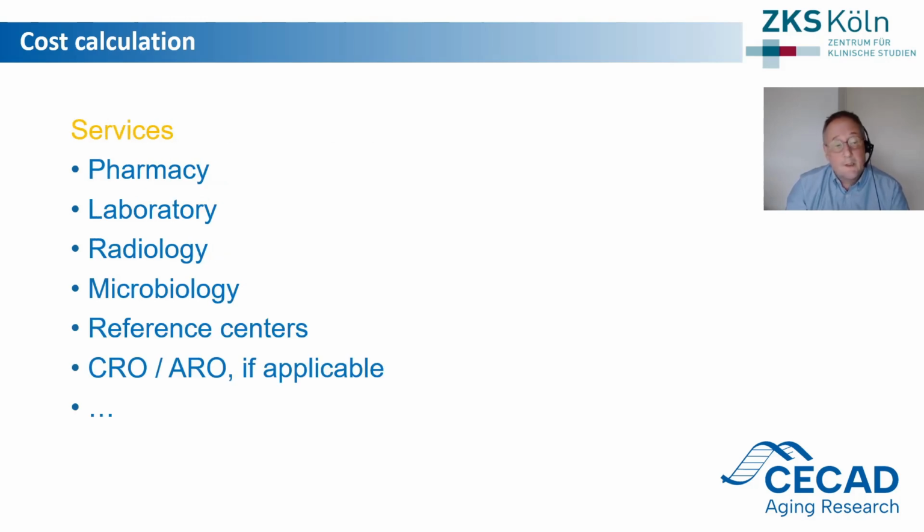Then there are services, external services like a pharmacy, a laboratory, a radiology department, microbiology, reference centers, costs for a CRO or an ARO. The CRO is the clinical research organization, and in contrast to that is the ARO, an academic research organization like the Clinical Trial Center Cologne. We call ourselves an ARO, an academic research organization.